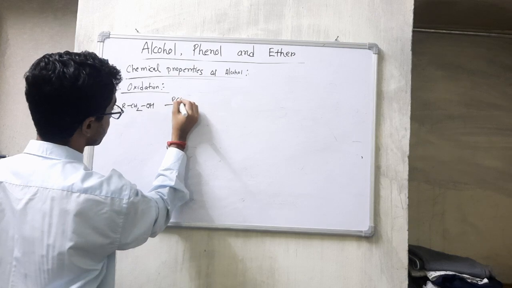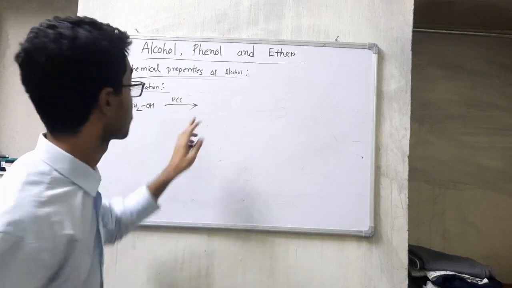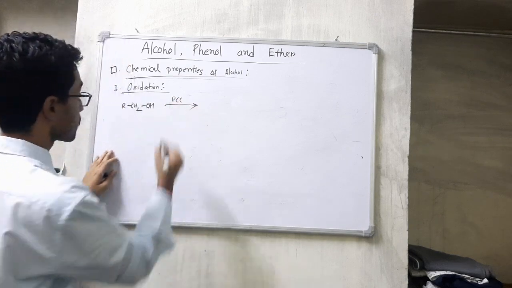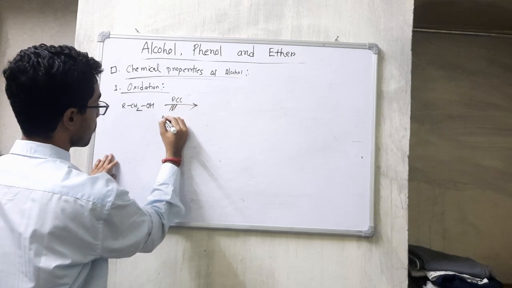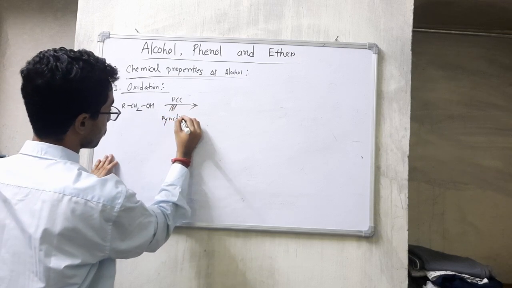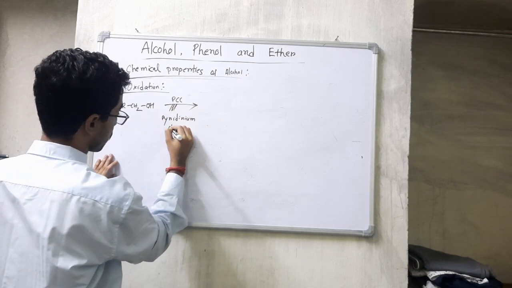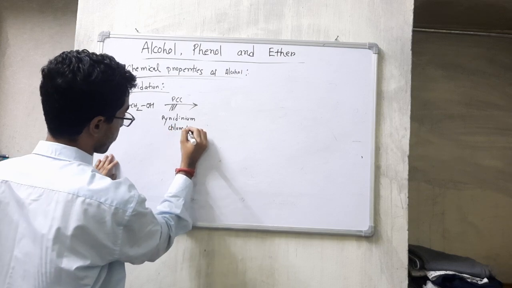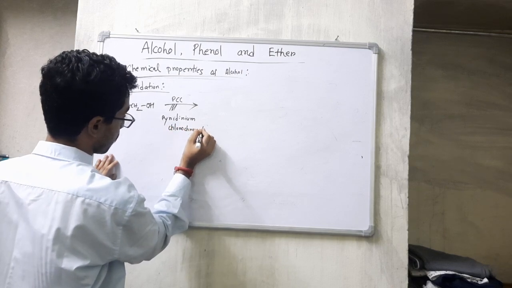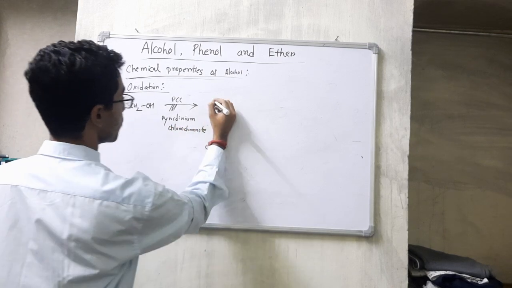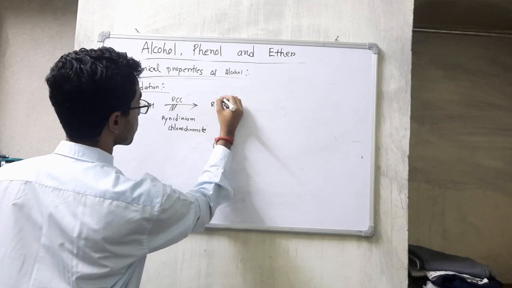If we treat with PCC, an oxidizing agent. What is the full form of PCC? Pyridinium chlorochromate. Then we get the corresponding aldehyde.